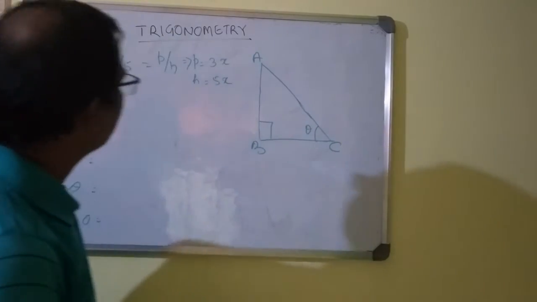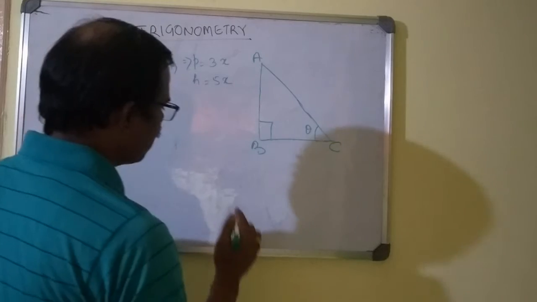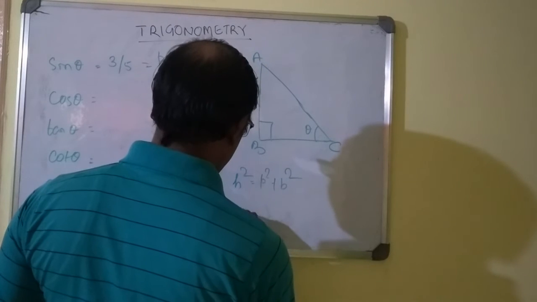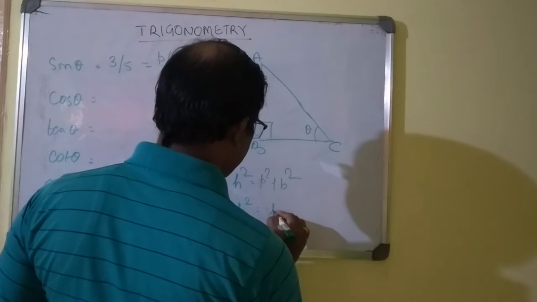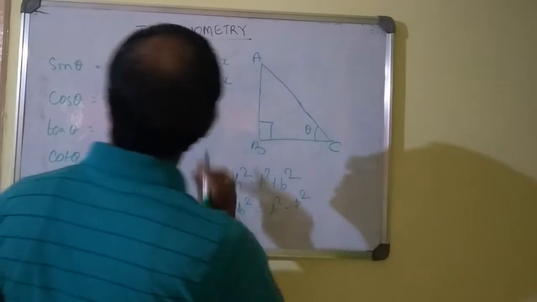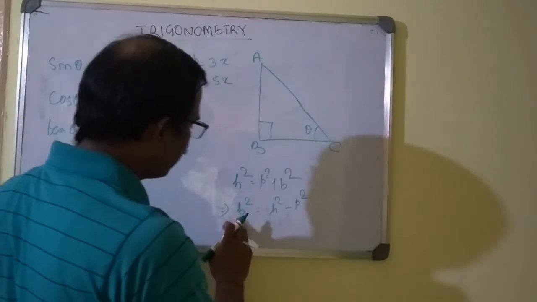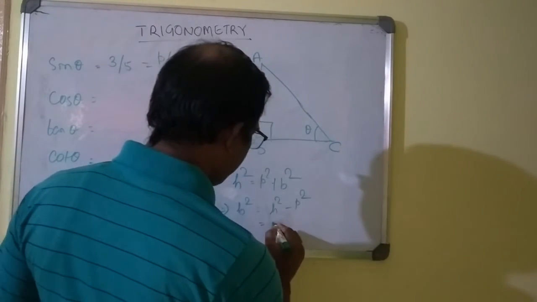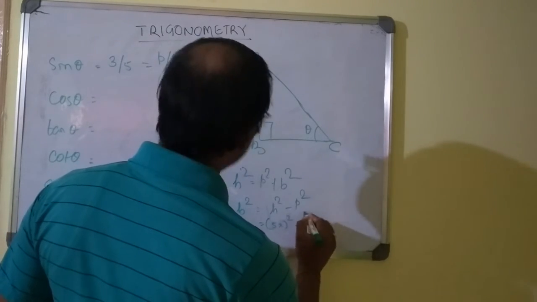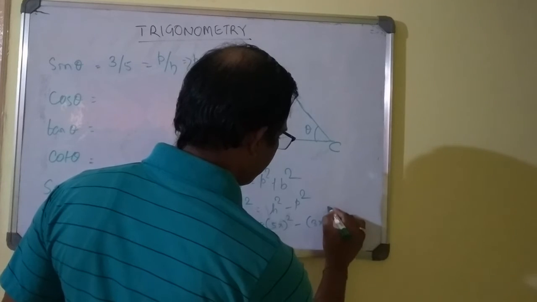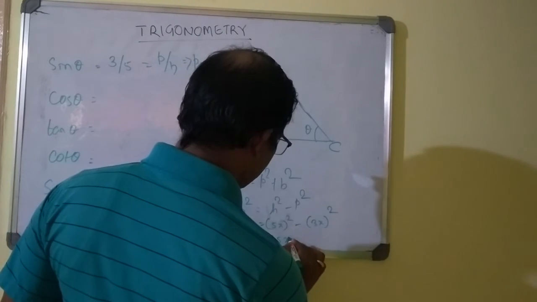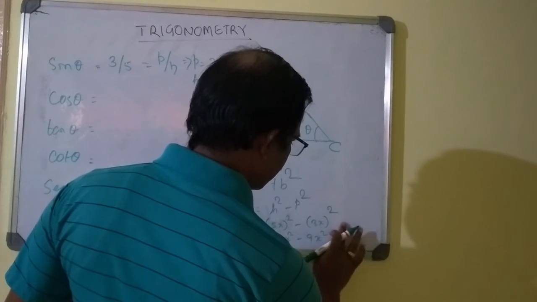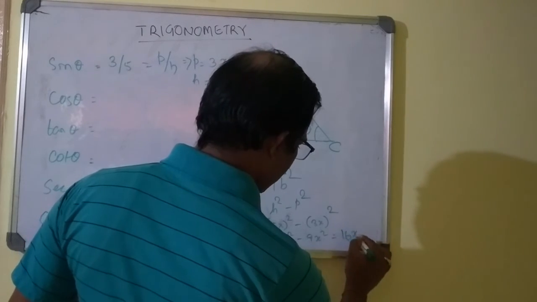And now apply the Pythagoras theorem over here. Again, H square is equal to P square plus B square, which implies B square is equal to H square minus P square. In this case, H square and P square are given, and you have to figure out B square. Or in this case, H is 5x, so 25x square, minus P is 3x, so 9x square, which is equal to 16x square.